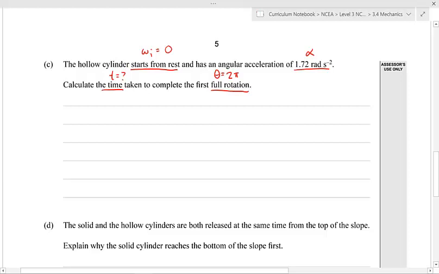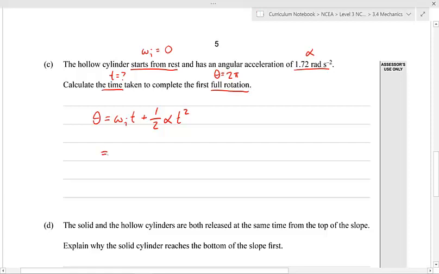We want to find the equation that involves those four quantities, and that is theta equals omega I t plus half alpha t squared.